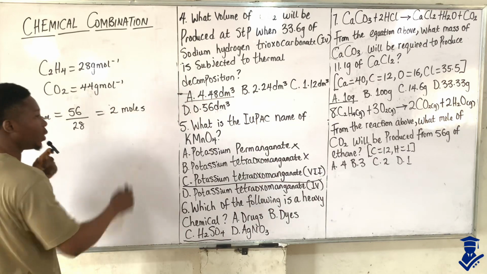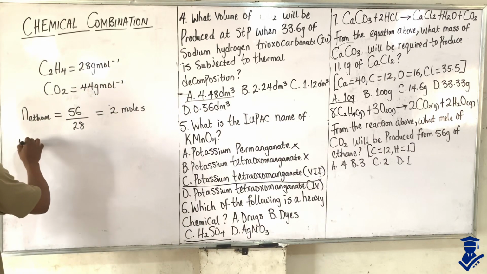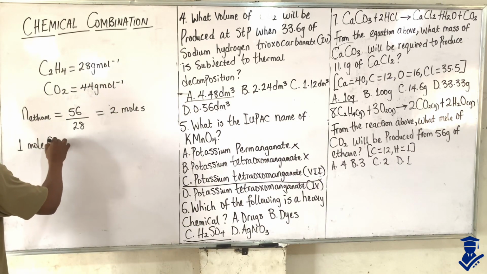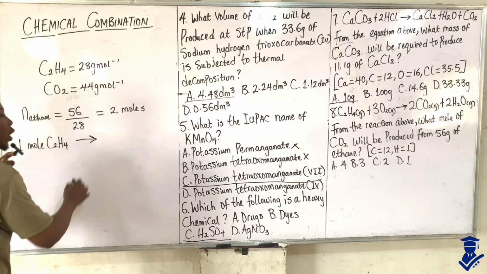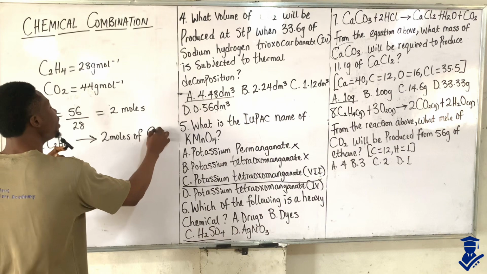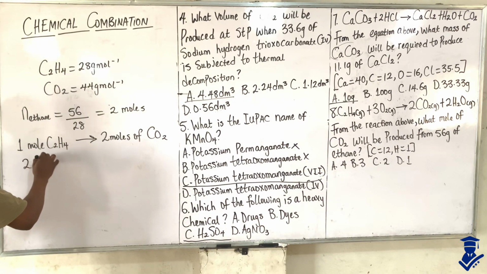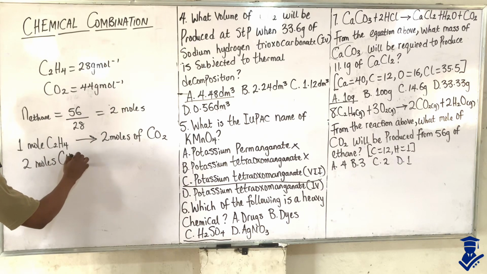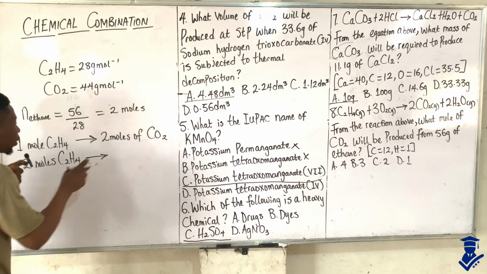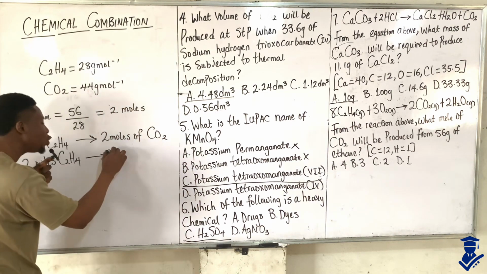Of course, this is going to be 2 moles. So from the equation we can see that 1 mole of C2H4 produces 2 moles of CO2. So now 2 moles of C2H4 is going to produce, you can see that 1 mole will produce 2 moles, so it means that 2 moles will produce 4 moles.